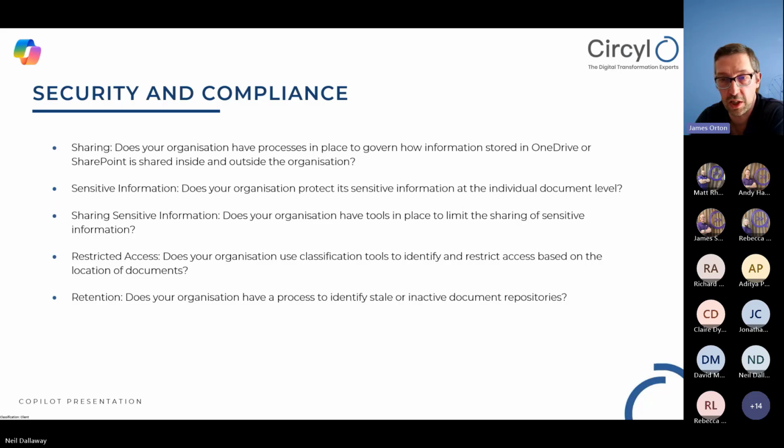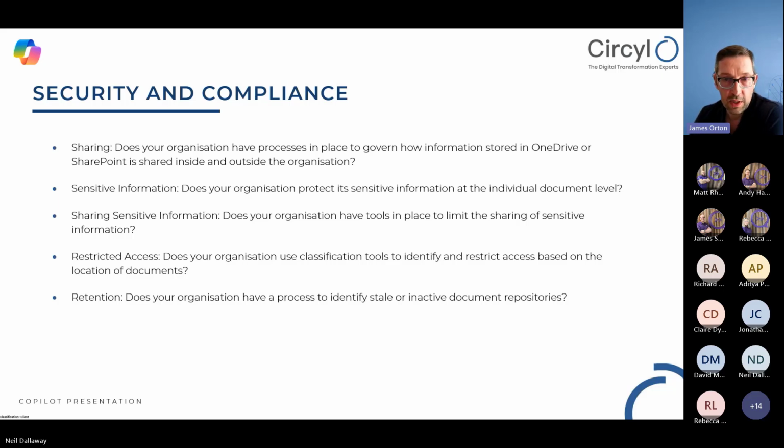So some of those policies provide that belt and braces around who can access that particular content. I might have permissions to it, but because I'm not at that level of sensitivity, Copilot's not going to let me see it.